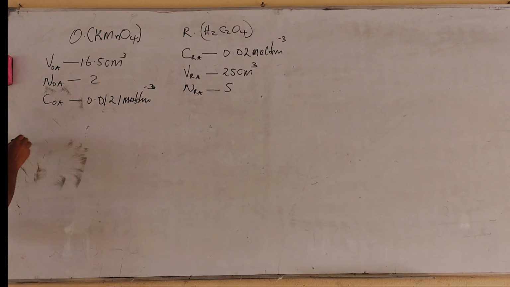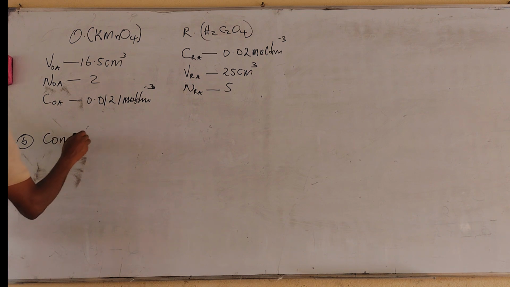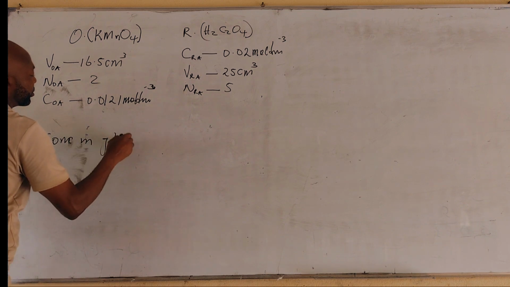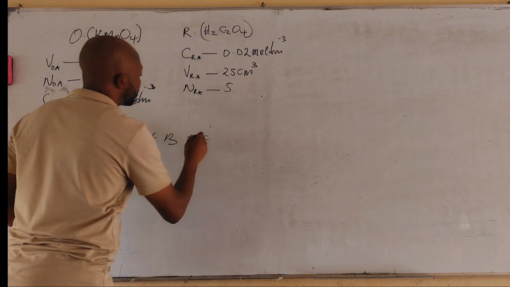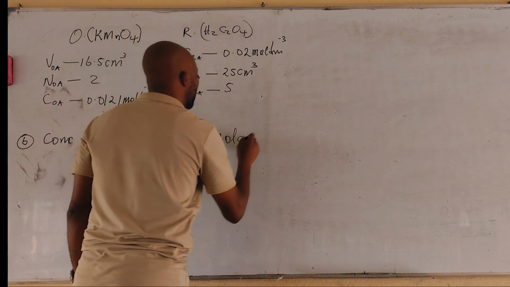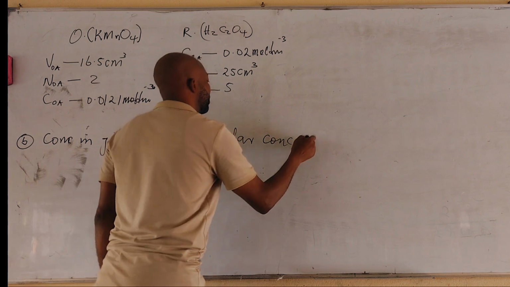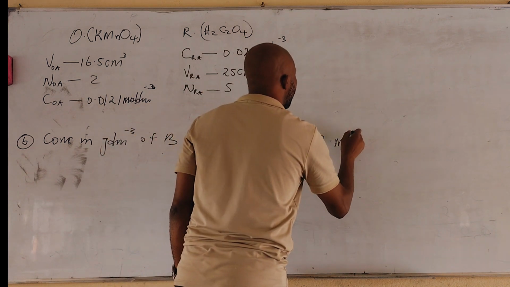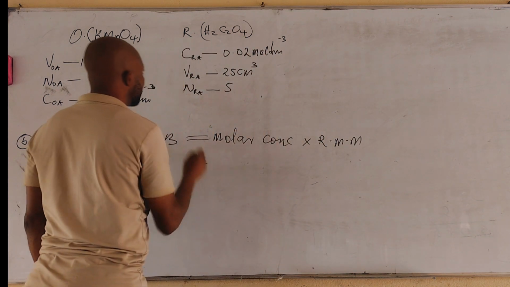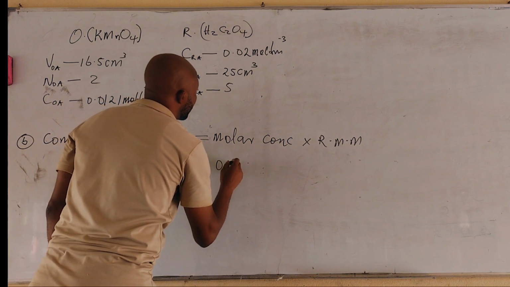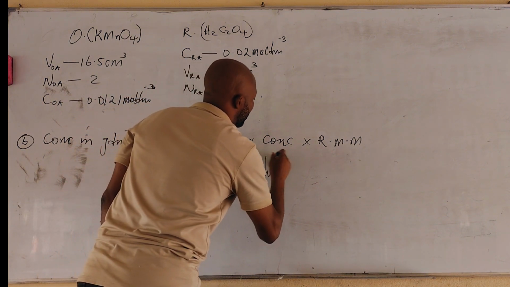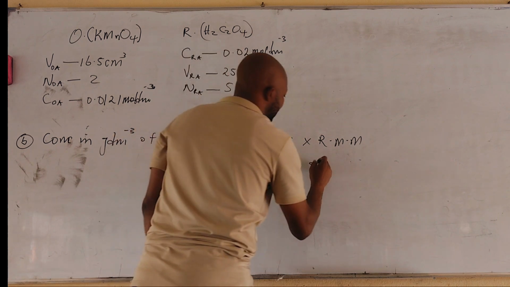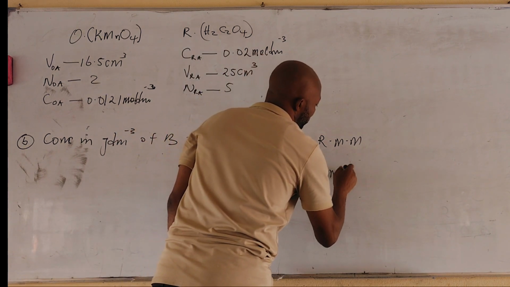Question B: concentration in g per dm cube of B is equals to the molar concentration times the relative molecular mass. The molar concentration is given to be 0.02 mole per dm cube, times the relative molecular mass, which is 90 g per mole.